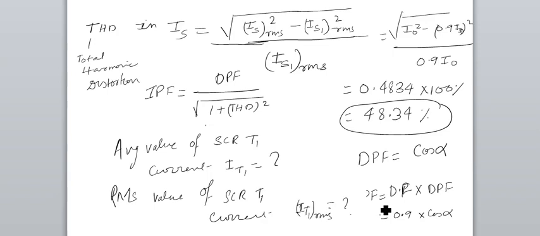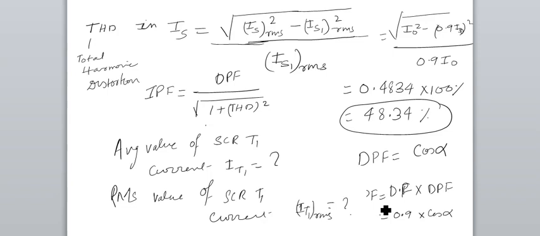I will not show you which transistor is on and which is off anymore. That is over now. Now we will be talking about the parameters: displacement factor, distortion factor, total harmonic distortion, and input power factor.